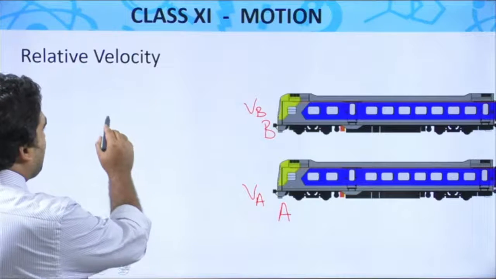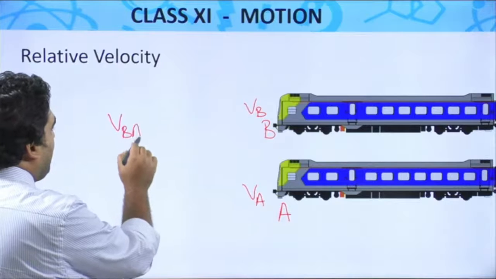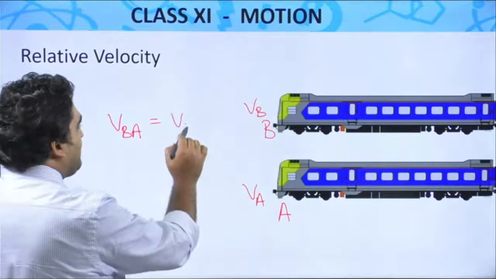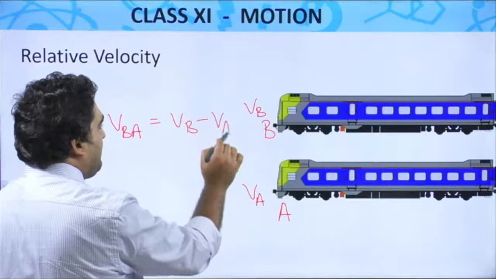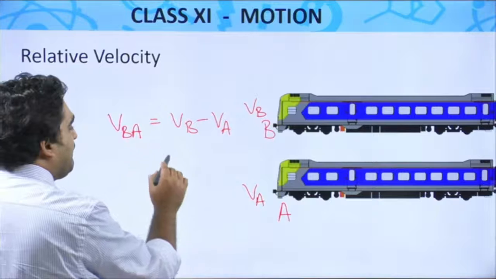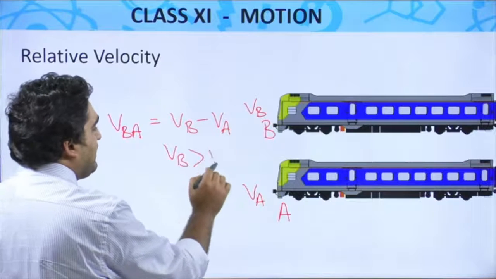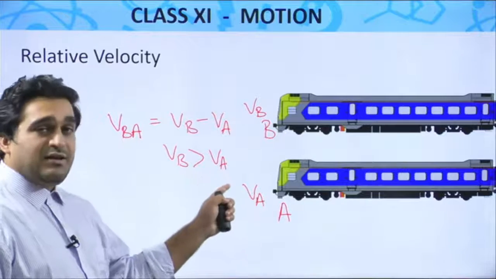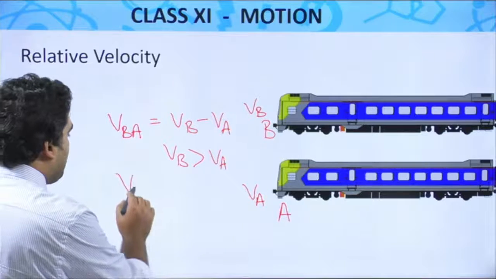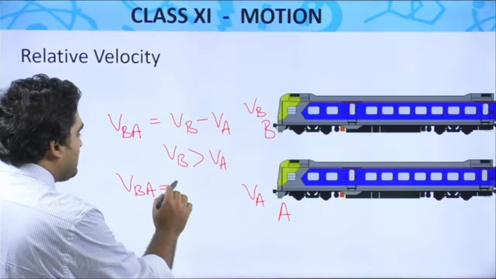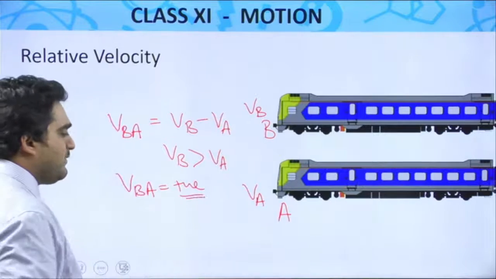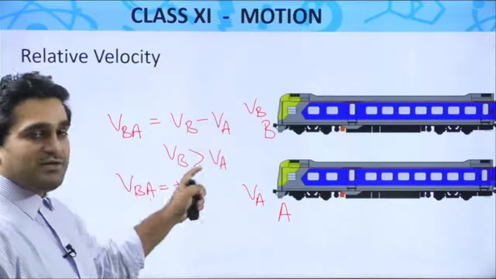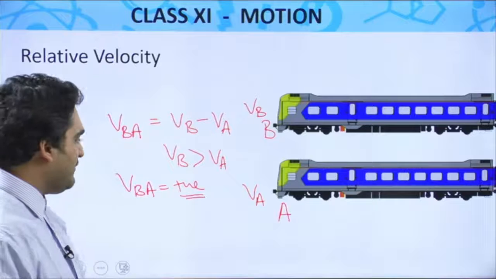Well, let's have a look at it. So VBA, VB with respect to A, is equal to VB minus VA, but in this case, VB is greater than VA. Since VB is greater than VA, you get VBA as a positive value.